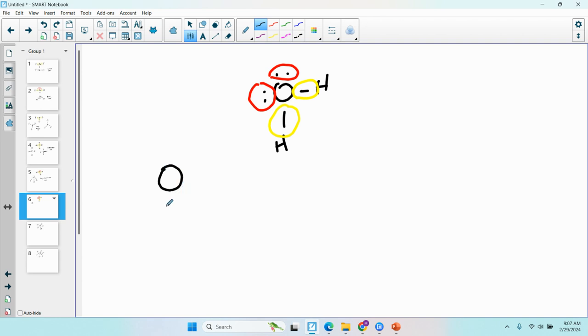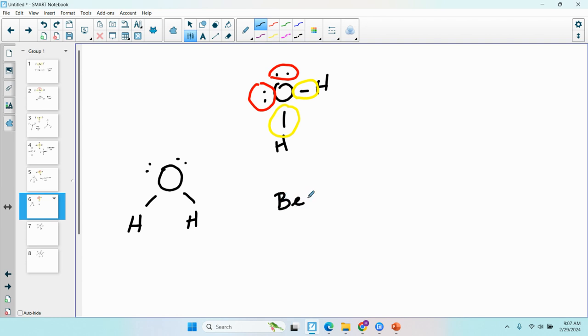When you redraw this to make it look like this bent, the H's get shoved down towards the bottom. And now because there's 2 lone pairs, they're both going to want equal space. So you kind of do these like this. It kind of gives them equal space while they're shoving down those bonding pairs.